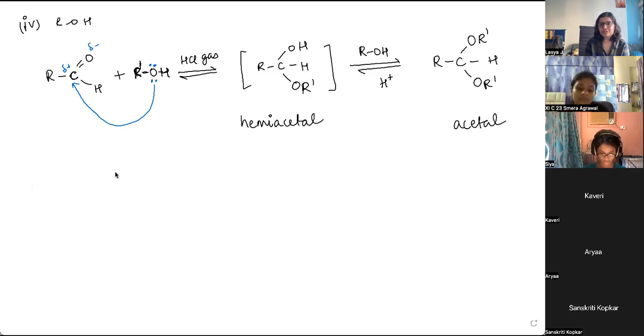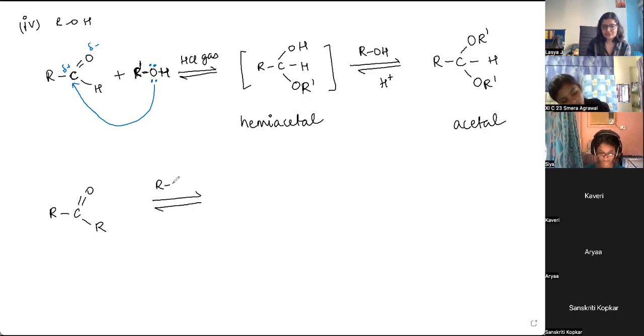This I want you to work on your own, because the mechanism will be the same. The only difference is, instead of aldehydes, we're going to deal with ketones. So we start off with R, C double bond O, R, plus R dash OH. Same reaction, with R dash OH in the presence of HCl gas.